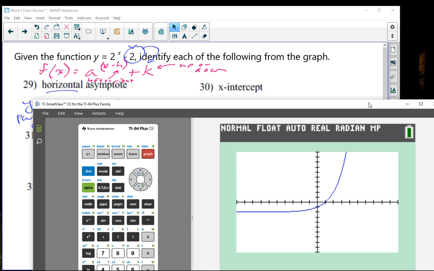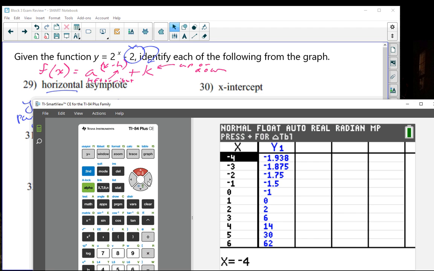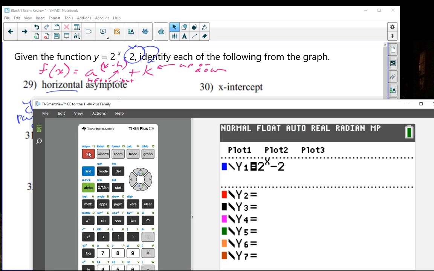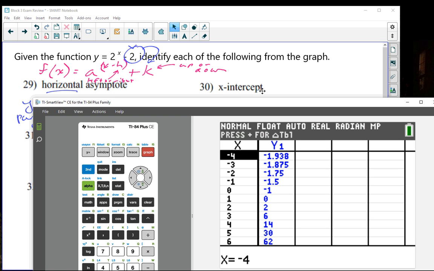If I go to second table, the x-intercept, which coordinate has to be 0?